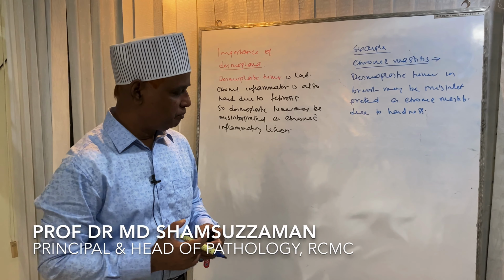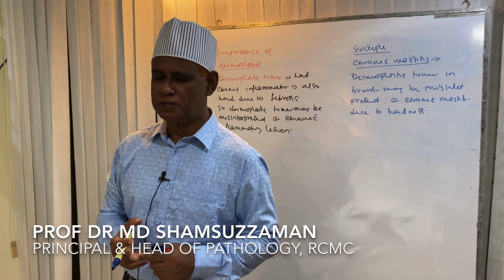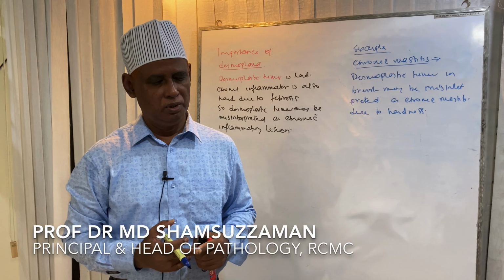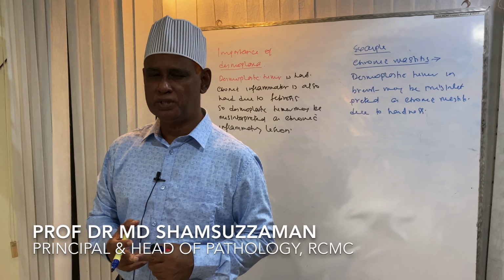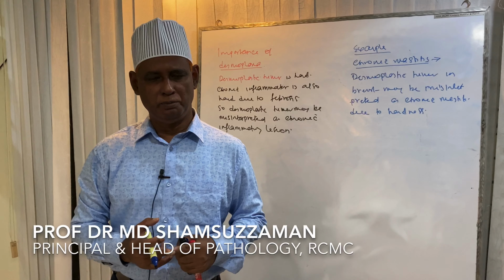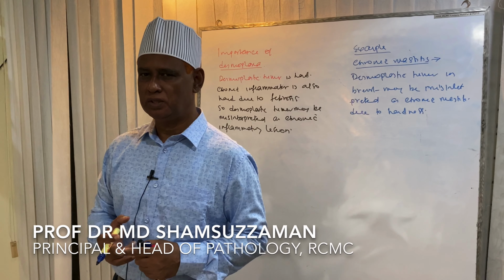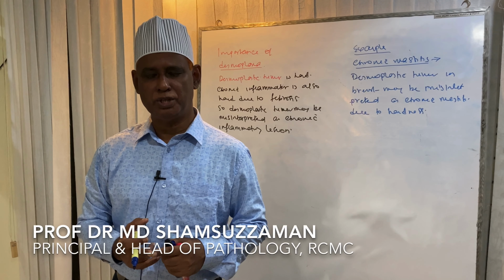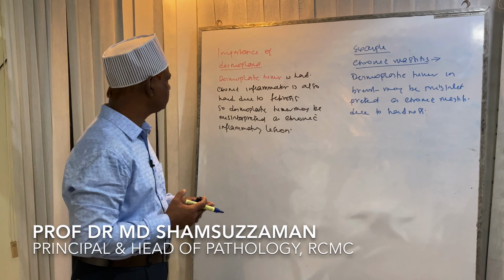I have told you the difference between hyperplasia and neoplasia. Neoplasia is purposeless, hyperplasia is purposeful. Neoplasia is autonomous, but hyperplasia is not autonomous. After removal of the stimulus, neoplasm continues to grow due to genetic mutation, but hyperplasia stops its growth.